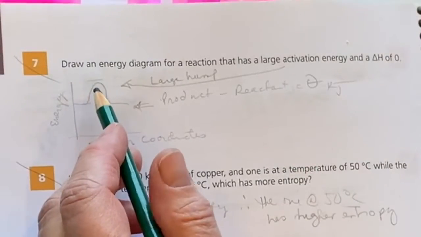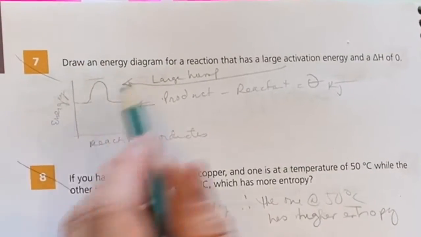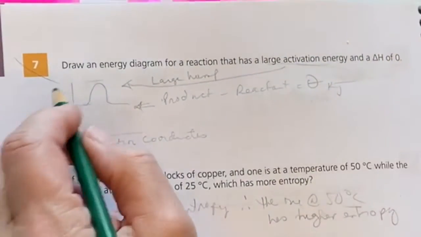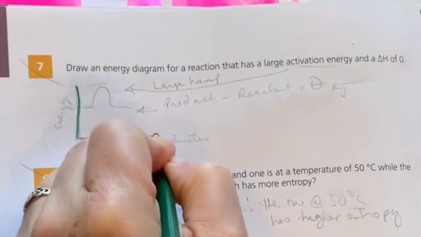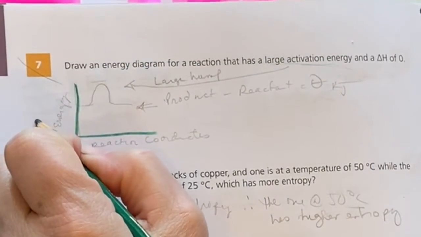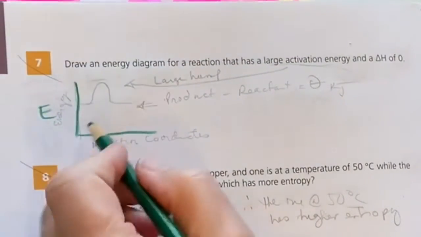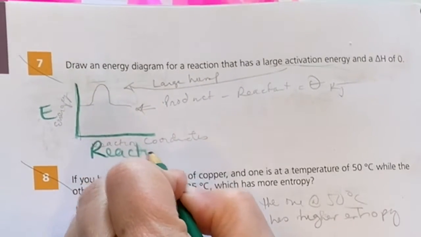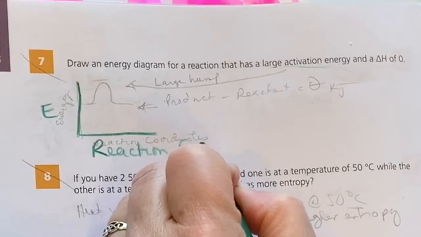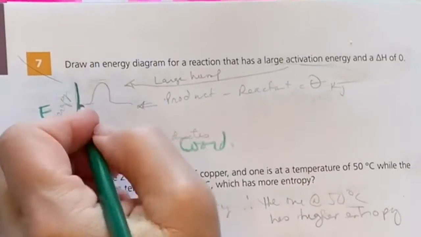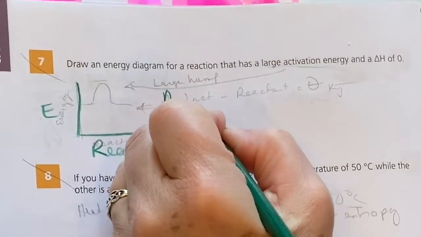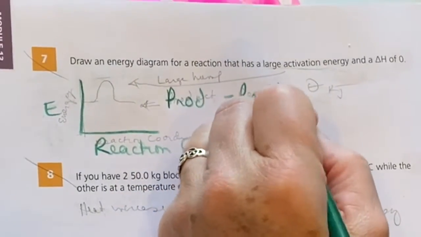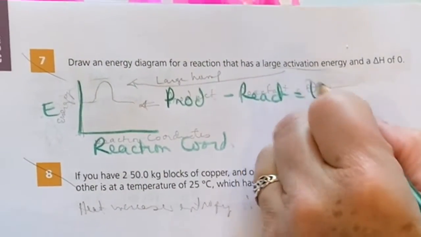Draw an energy diagram for the reaction that has a large activation energy and a delta H of 0. So if we've got our energy diagram here, we're going to put energy here and our what they call reaction coordinates or time here. Remember, our product minus our reactant in this case has to equal 0 kilojoules.